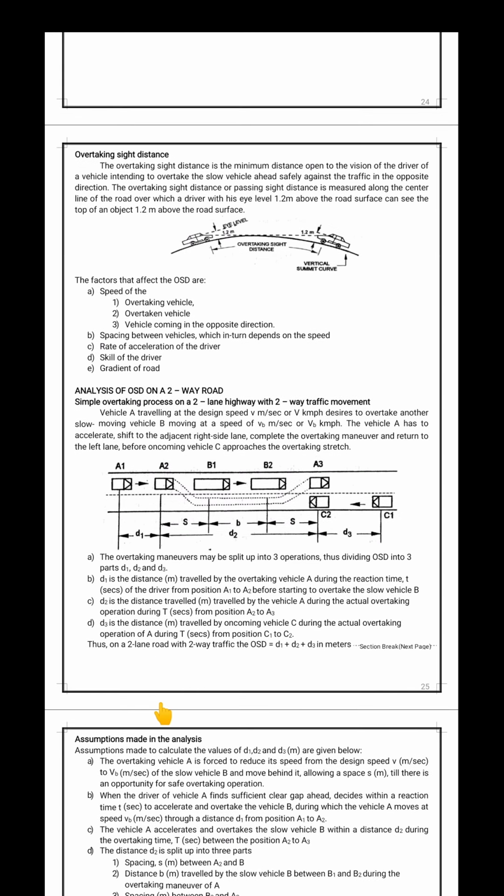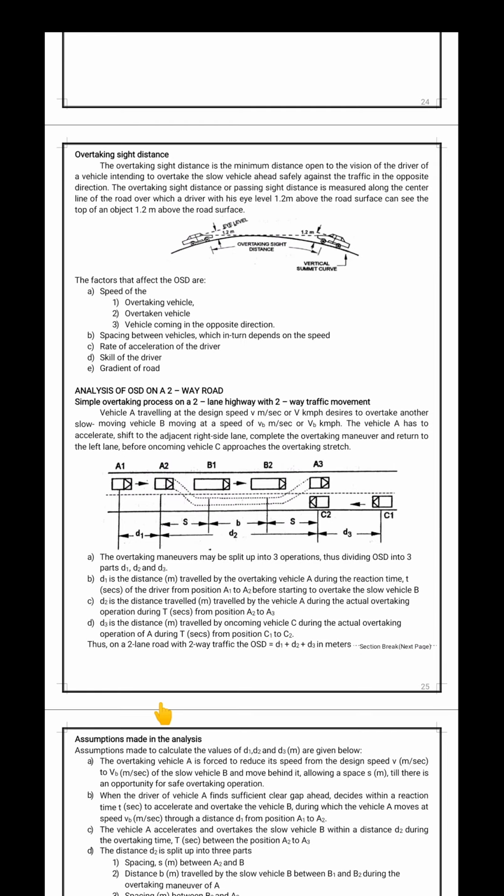So d1 is the distance traveled by the overtaking vehicle A during the reaction time t seconds of the driver, from position A1 to A2, before starting to overtake the slow vehicle B.